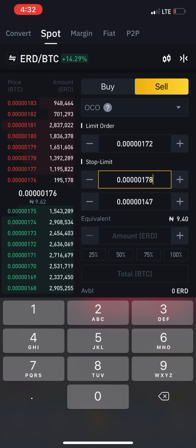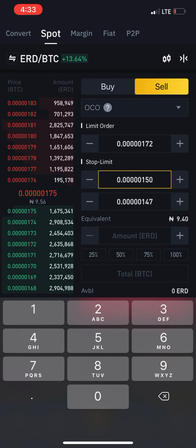I'm going to be using 3 satoshi here, which means I'm going to put 150. So when the market starts going against you from your buy price, which we remember is 164, and it starts dropping and reaches 150, the market will start looking for a buyer for you who is trying to buy around 150.